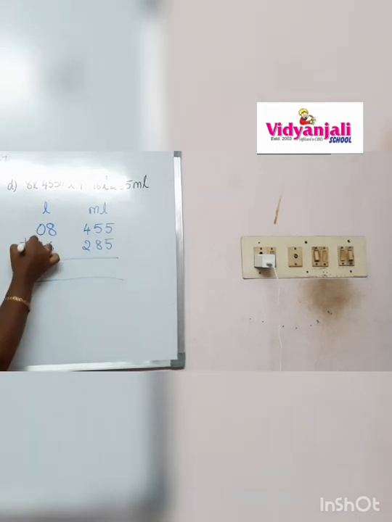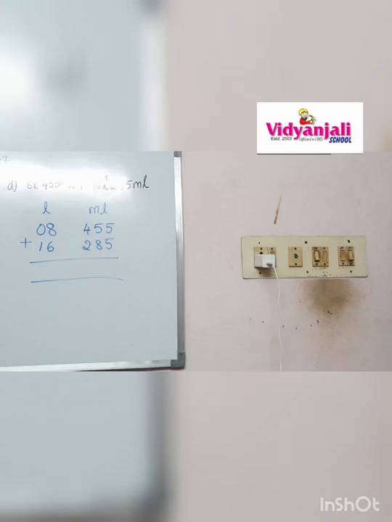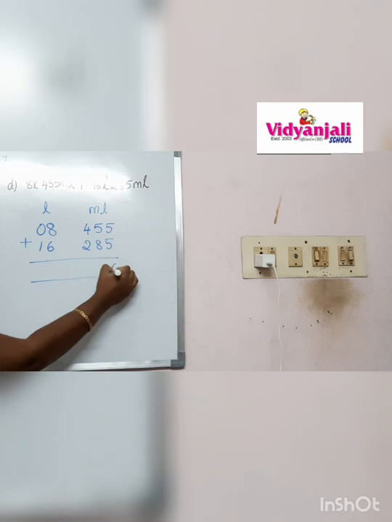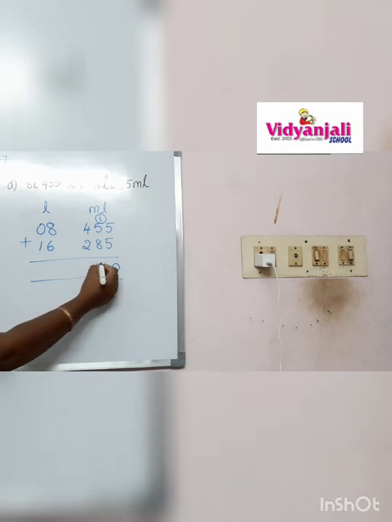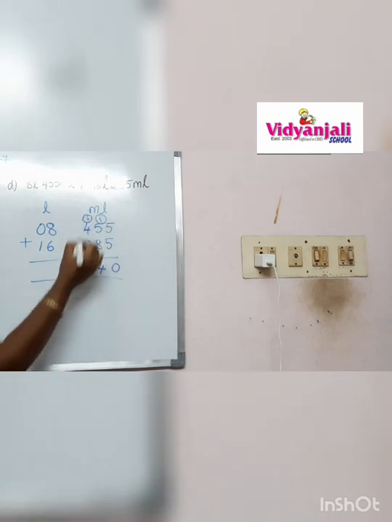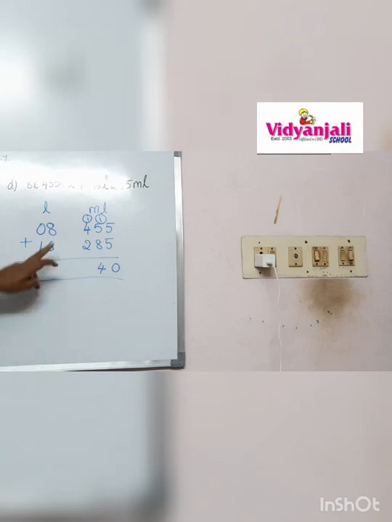Now we are going to add this. 5 plus 5 is 10, so 0 here and 1 carried forward. 8 plus 5 is 13. 13 plus 1 is 14. So 4 here and 1 carried forward. Now 4 plus 2 is 6. 6 plus 1 is 7.